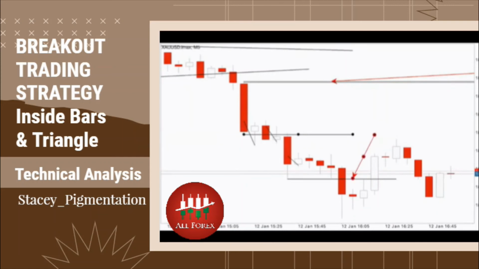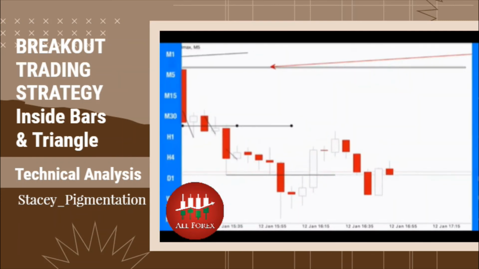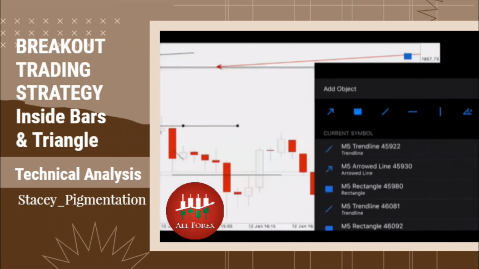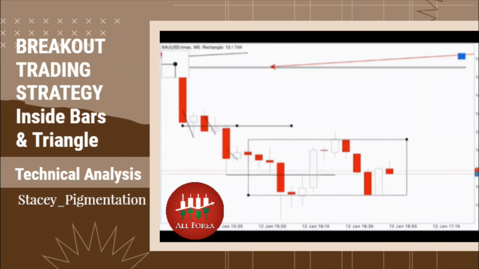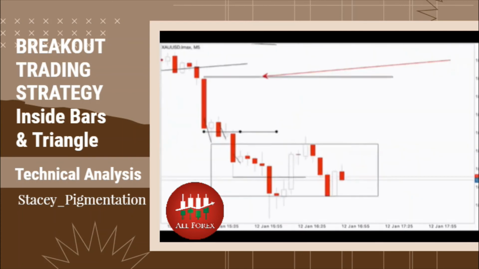But you can tell that we're coming towards the end of the trend because the market is already creating a double bottom. Remember I said you can choose, you cannot only use inside bars, you can also use other technical tools that you're seeing here. Here I saw an order block opportunity.